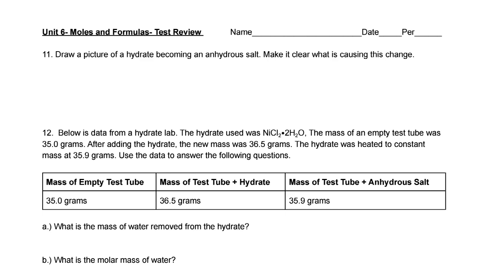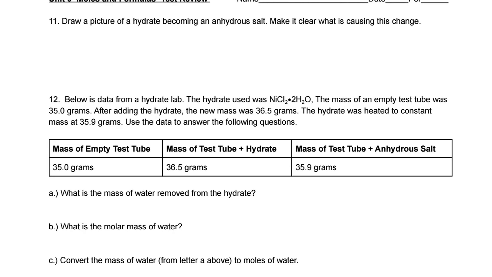All right, number 11 here says draw a picture of a hydrate becoming an anhydrous salt. This is what that picture could look like. We'll start with some sort of salt here. Let me make it a little bit bigger so I can write inside of it. So that's our salt. That could be anything such as sodium chloride, nickel chloride, copper sulfate.